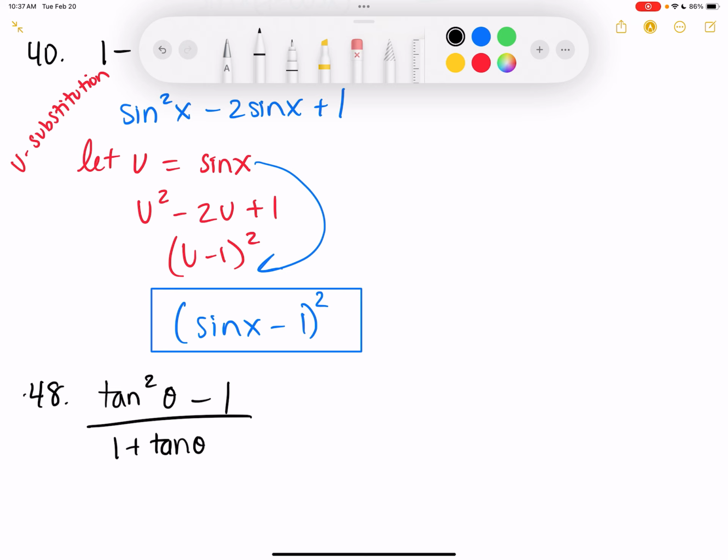So I need to simplify this. In my previous class, they tried to tell me I could cancel tangent squared and tangent, and I was like, no.